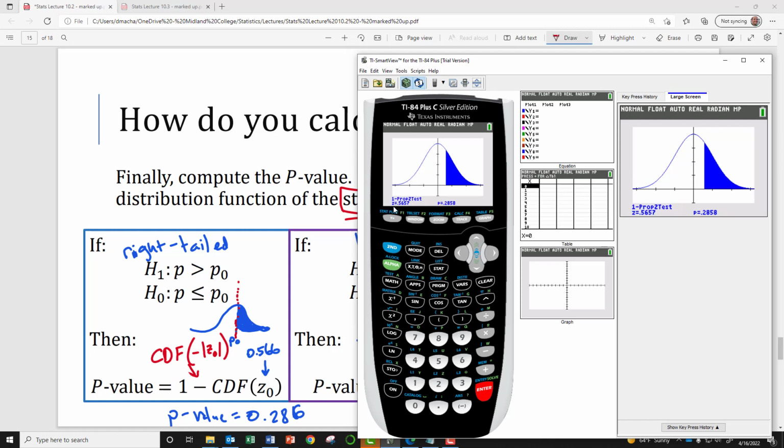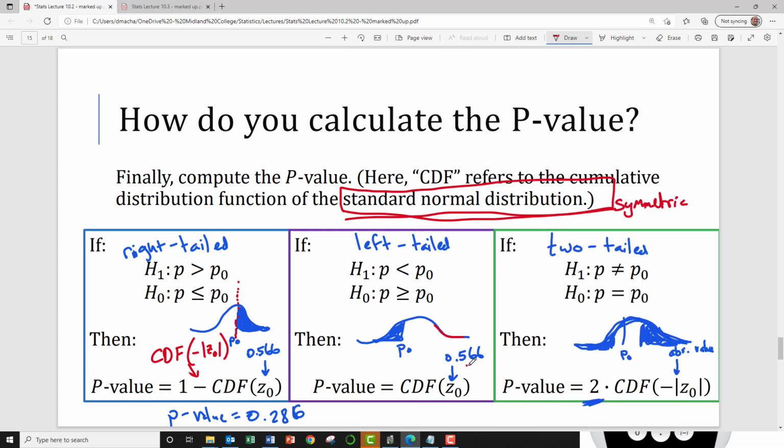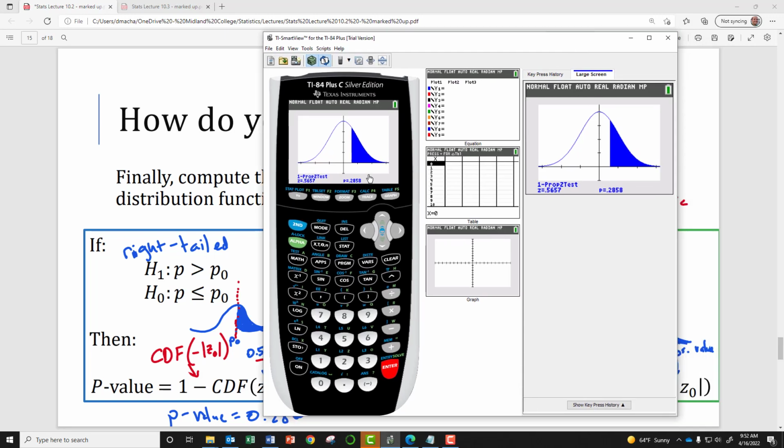Also, on the bottom of the screen, it tells me my z-value, which is my test statistic, which was 0.566, right? Right here. And on the bottom of the screen, it also tells me my p-value. So if I do 1 minus my p-value, that tells me my percent confidence. So your percent confidence is represented by the unshaded region under this curve on your calculator.